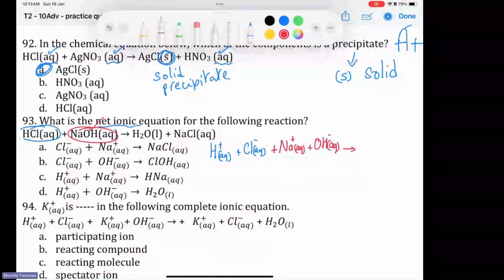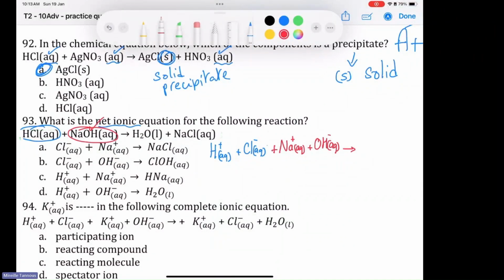Now you should remember that whenever I have H and OH, the product formed is H2O, and H2O is liquid. I told you in class, when you have a solid, you check the paper. When you have a liquid, memorize it. The gas, we didn't do it yet. So H2O, you are not allowed to split it into H plus and OH minus once you are writing after the arrow.